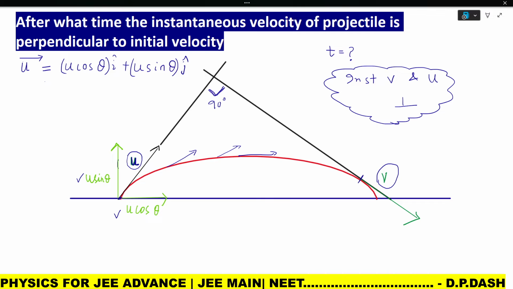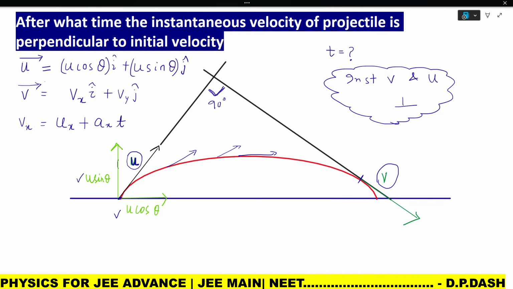Similarly, the final velocity I can write as vector v equals, after some time, the instantaneous velocity in x direction vx i cap plus in y direction vy j cap. Similarly for vx you can write vx equals ux plus a t, since the initial velocity along the x-axis is ux plus acceleration along the x-axis into t.